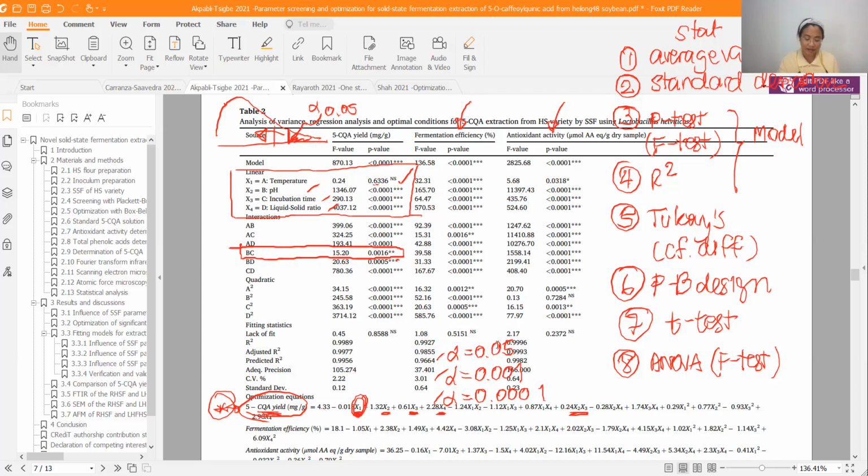So not significant means that, sorry, hold on. Because basically what happened here is that you have the same distribution curve, but you just cut it differently.